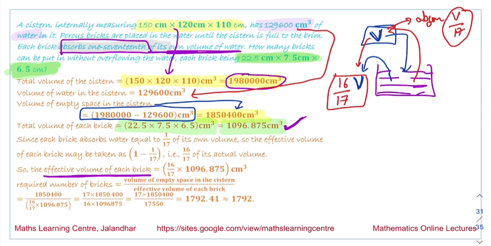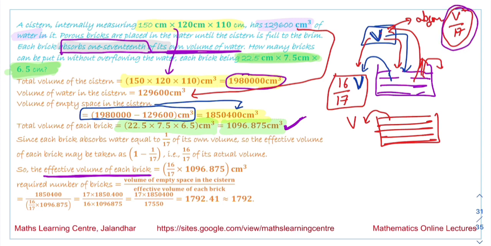That is, when we put this brick in this water, the water that will be displaced, suppose this tank is completely filled with water, we expect that the volume of water that should come out, it is capital V. But we are saying that it absorbs 1/17th part. So how much water effectively will come out?